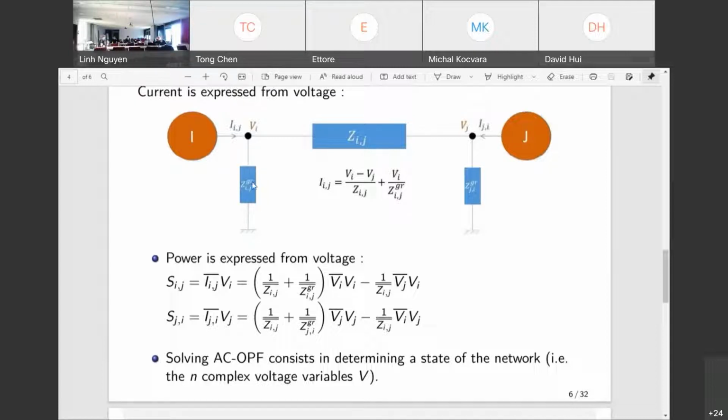This models the interactions of the lines, underground lines or overhead lines, with the ground. This is the line itself. This is a complex number. The real part is the resistance, which gives losses with Joule effect, and the imaginary part is named reactance.